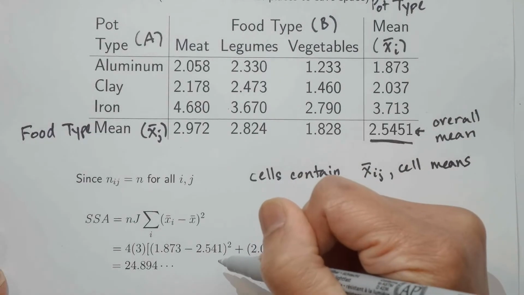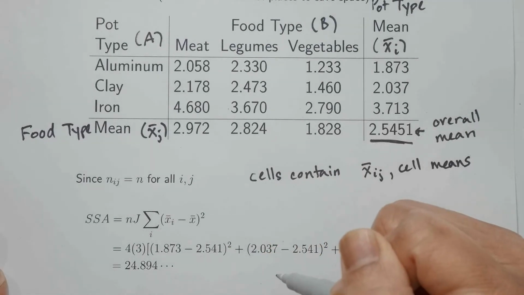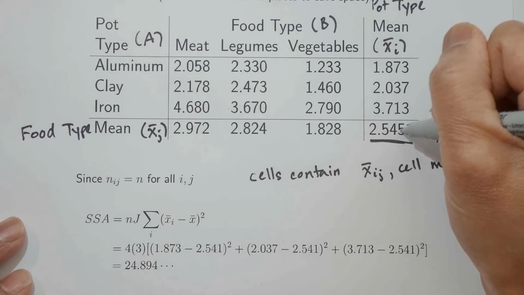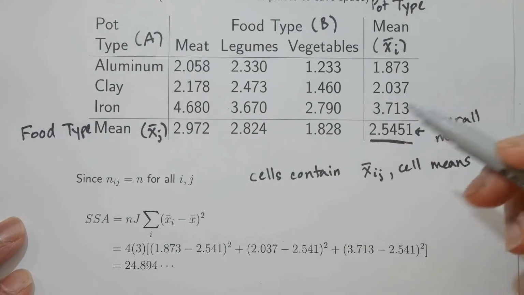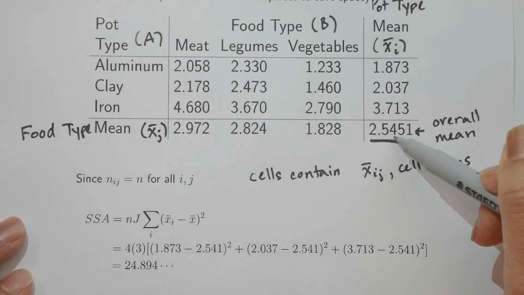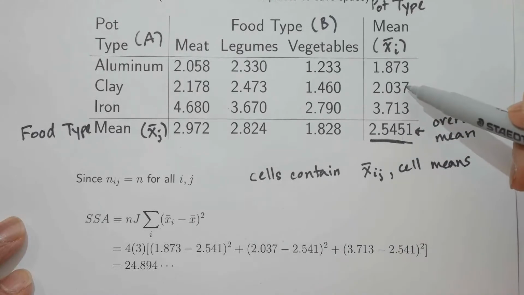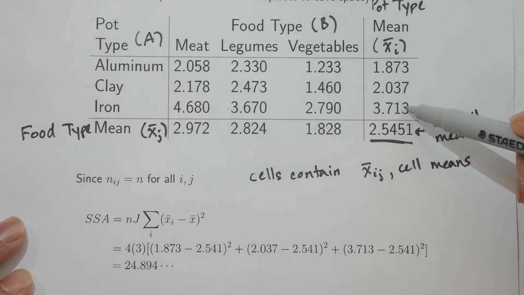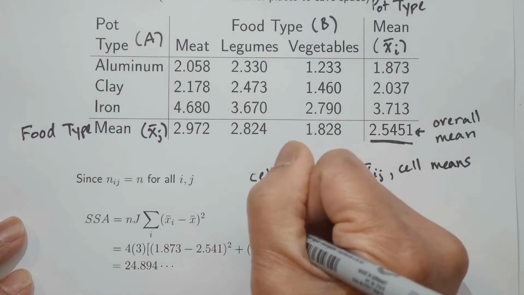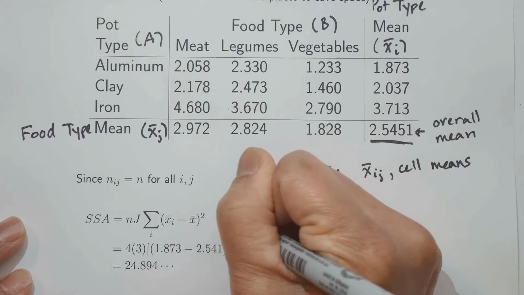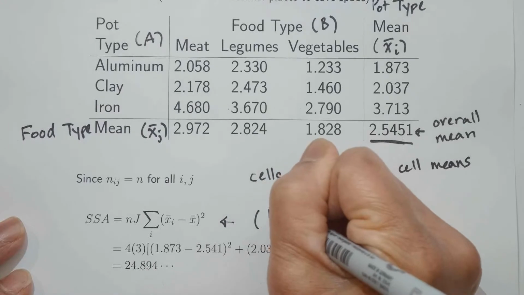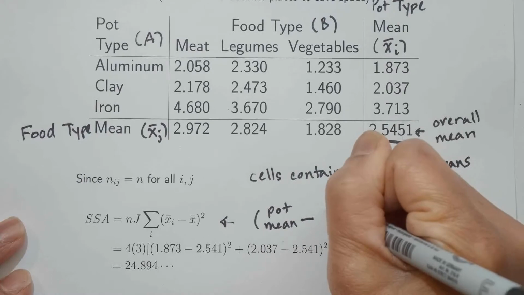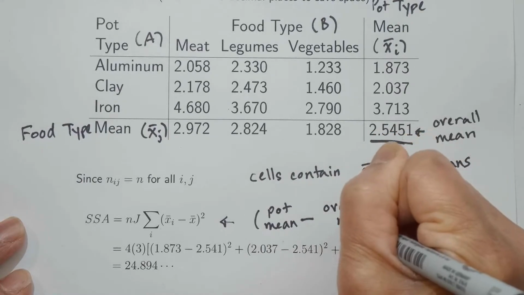Let me double check, this may actually have been 2.541, but it should be your overall mean, plus 2.037 minus the overall mean plus 3.713 minus the overall mean. So here we have the sum of the pot type means minus the overall mean.